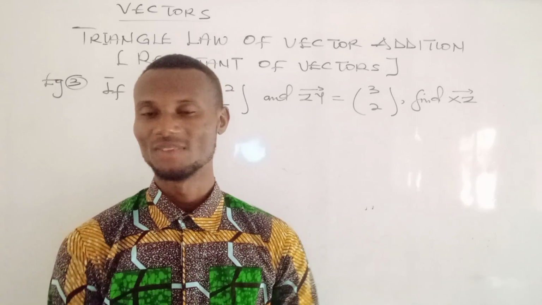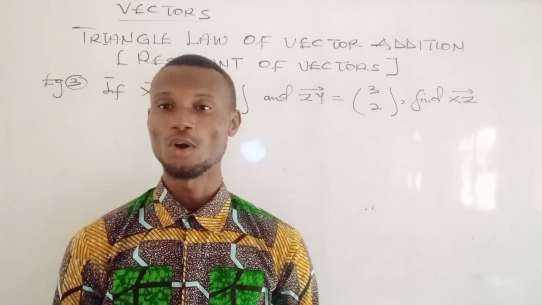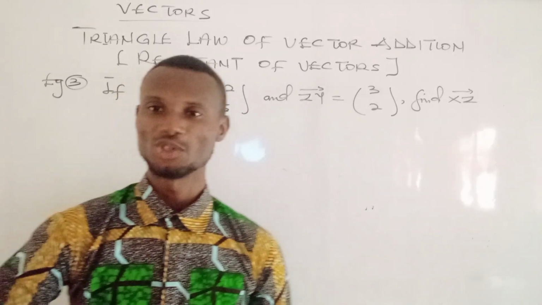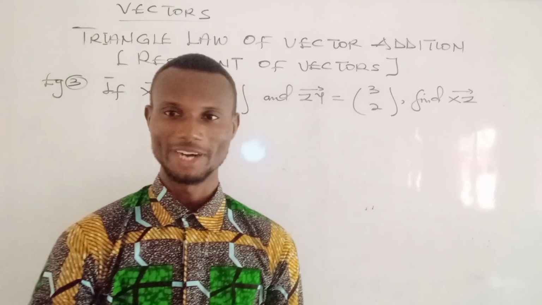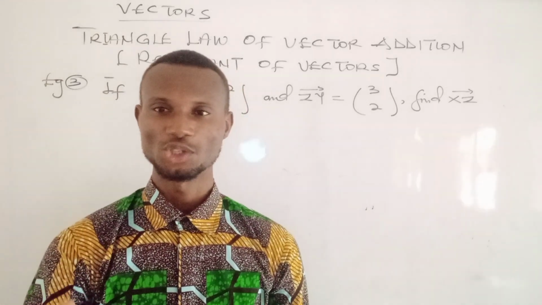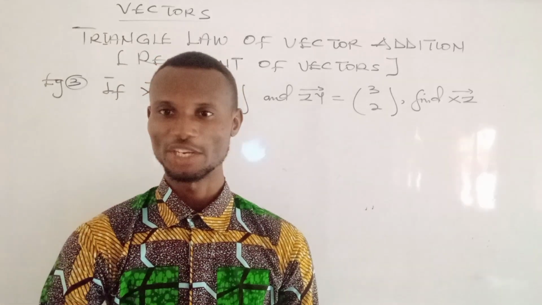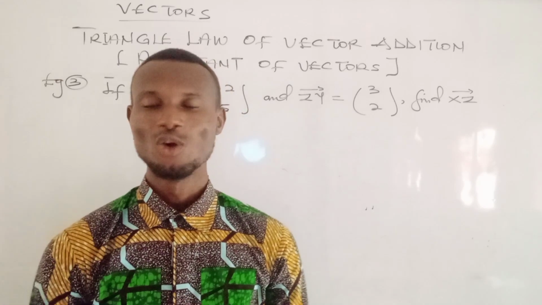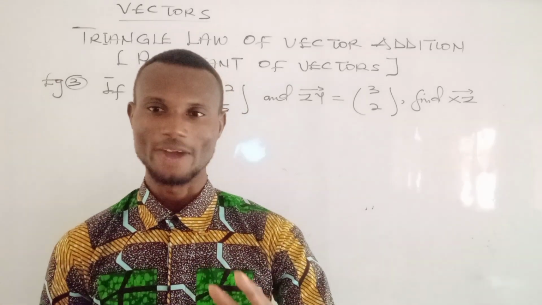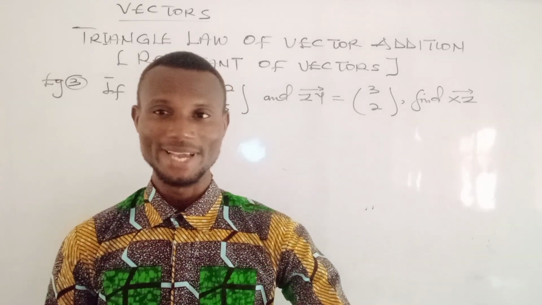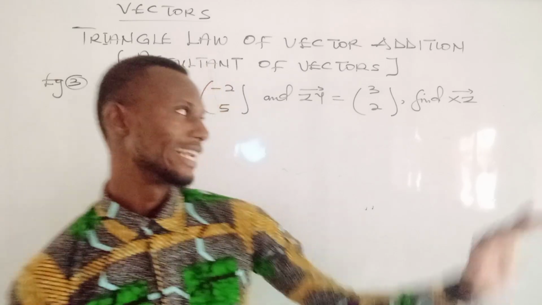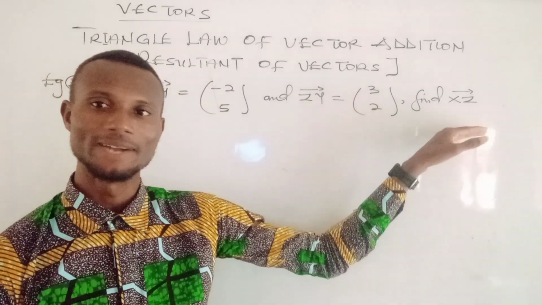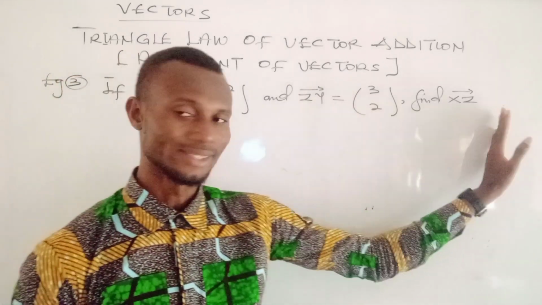So we are going to draw the triangle. And I've also explained to you that when you draw the triangle, you have to make sure that you label the triangle in a way that what you are being asked to find always comes at the base of the triangle. So in the question here, we are being asked to find the vector SZ.